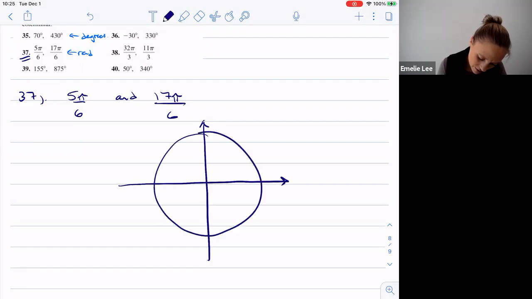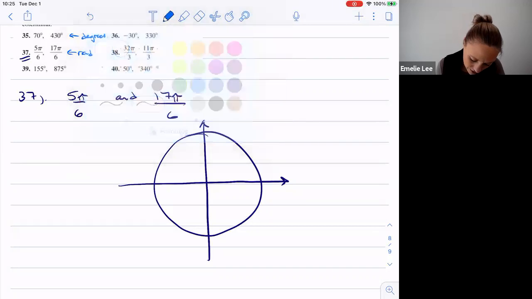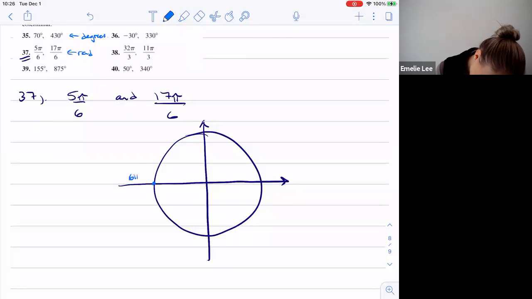So if I have my unit circle here, and 6 pi over 6, how do I know I'm in quadrant 2? Well, because 6 pi over 6 would be pi, right? So I can make a little note here that this is at 6 pi over 6.